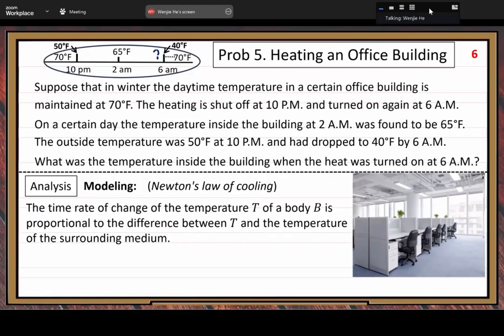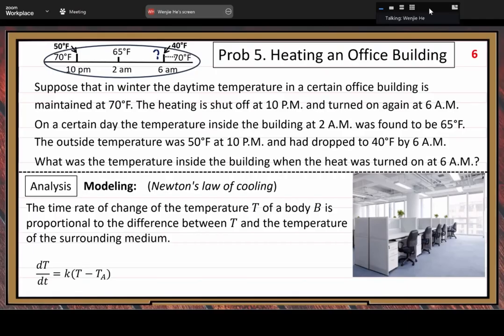Based on that, this is the equation: derivative dT over dt equals some constant k times the difference, T minus T sub A, the surrounding temperature.